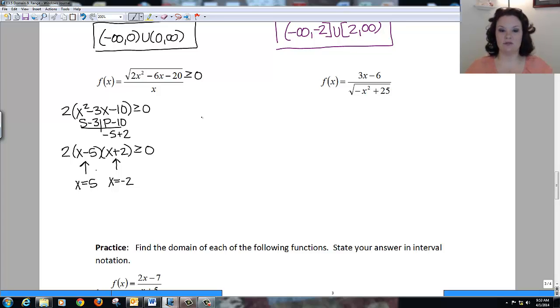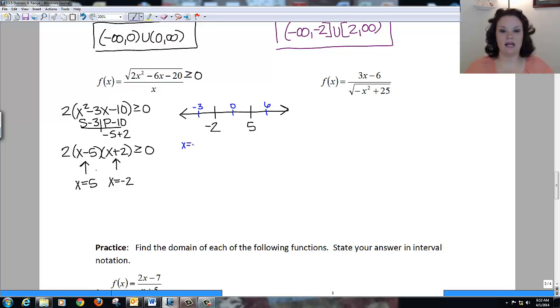So I only have the 2 zeros. I'm going to draw my graph and put on here -2 and 5, and then I'm going to test my intervals. I'm going to pick -3, something between -2 and 5, I'm going to pick 0, and something bigger than 5, I'm going to pick 6.